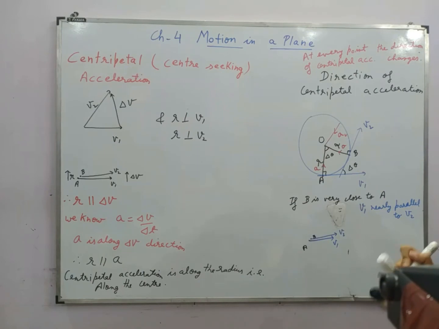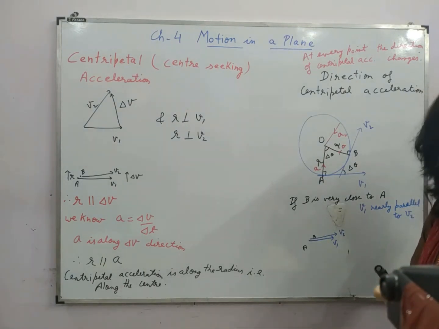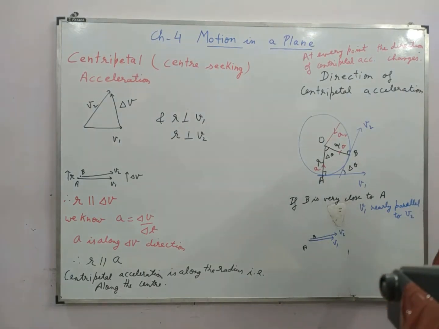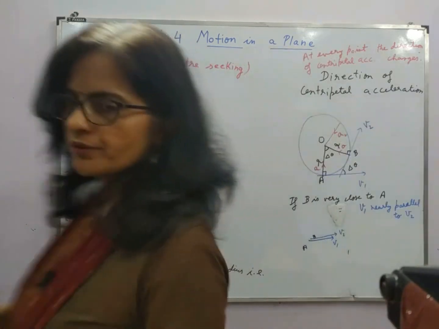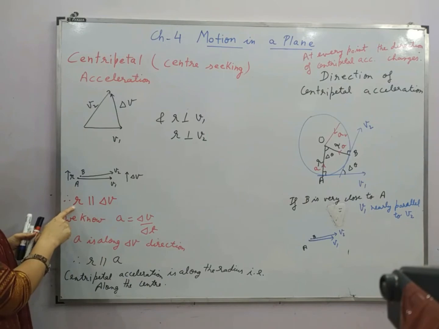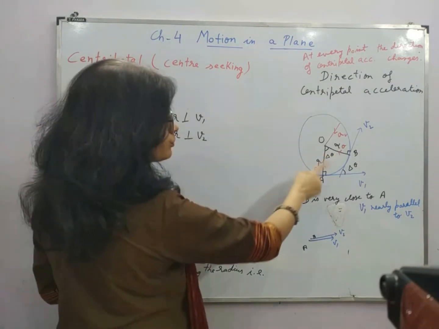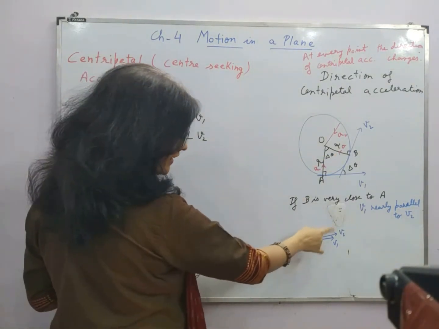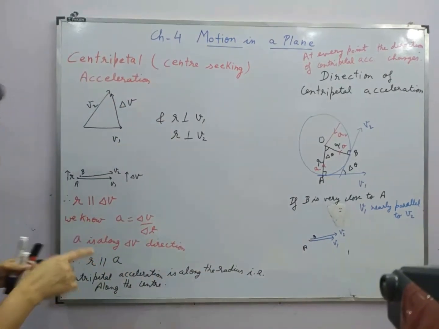It is along the center, towards the center of the circular path, right? So I hope you understood how this direction of acceleration is along radius. We have considered A and B to be very close, so you can draw this diagram. That means v1 and v2 are nearly parallel.